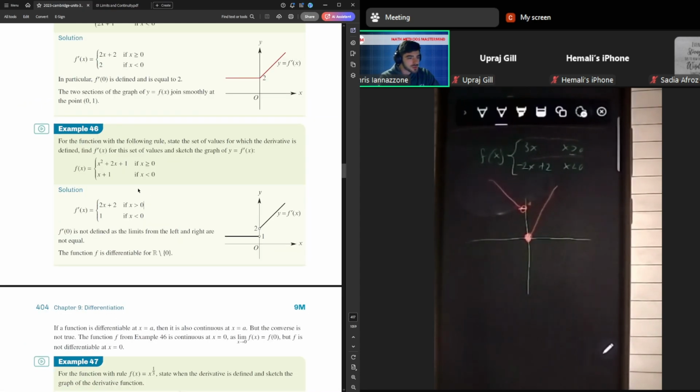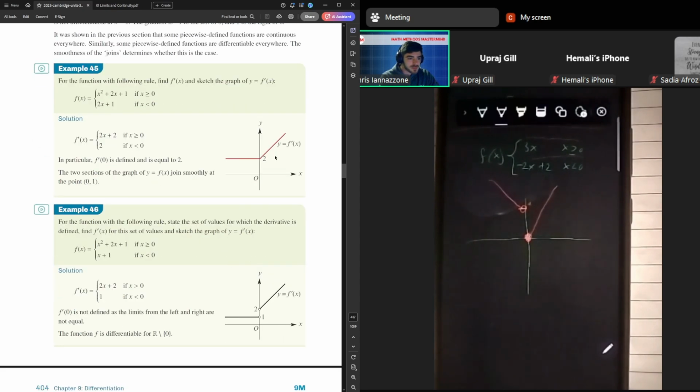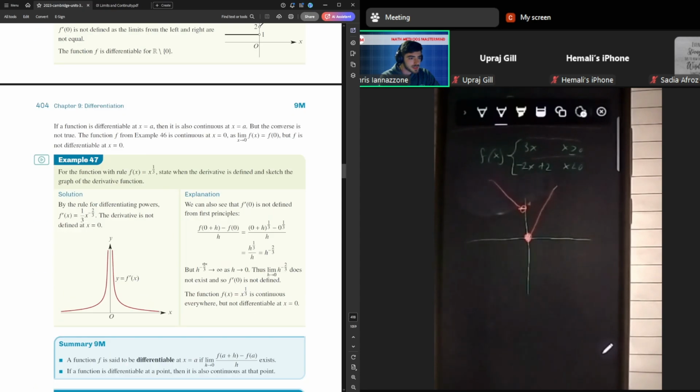Bit of a weird thing. You might not expect that. I believe it's purely just because of this criteria here. Coming from left does not get you the same gradient as coming from right, and because of that, we can't say gradient is defined there at all. Okay, that's that.